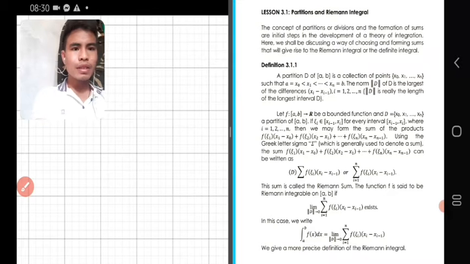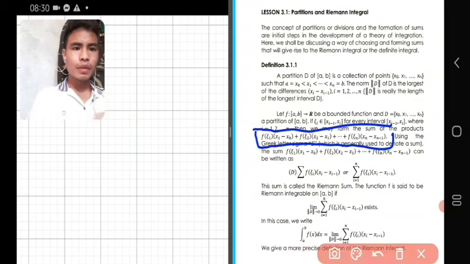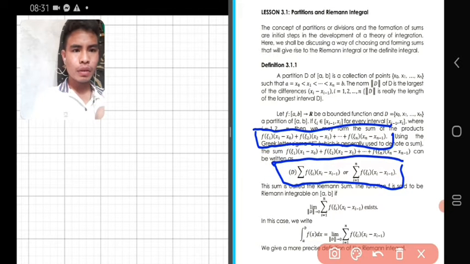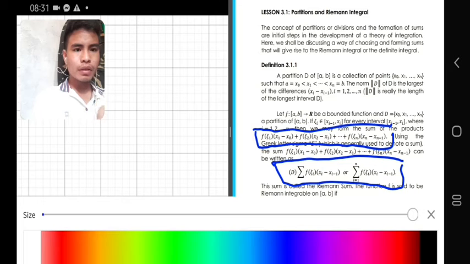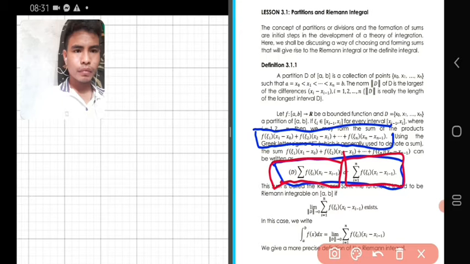Using the sigma notation for sums, it can be written like this, or like this. It's okay, it's just the same.